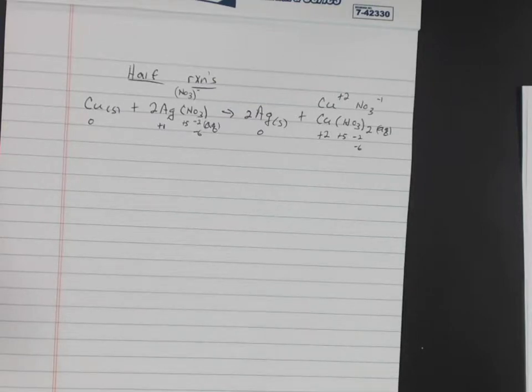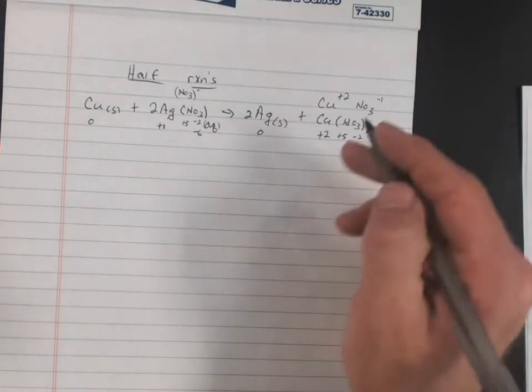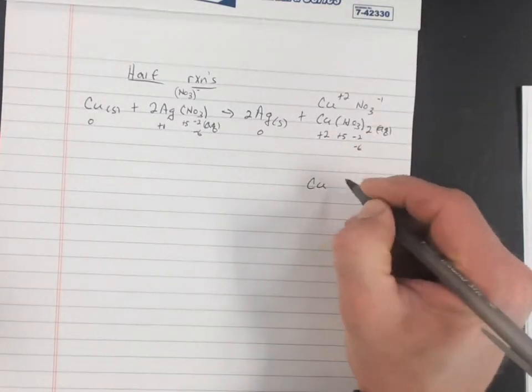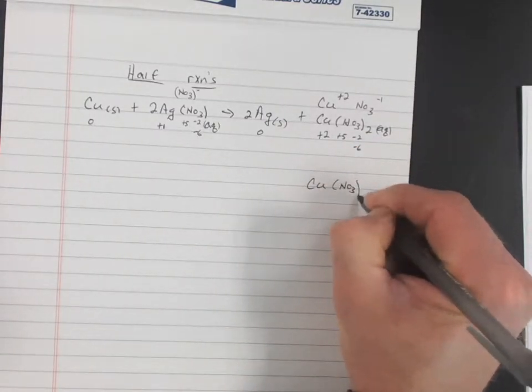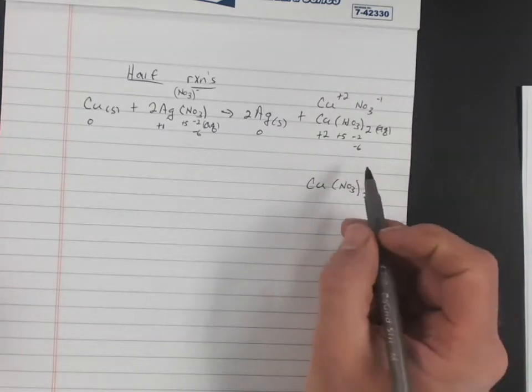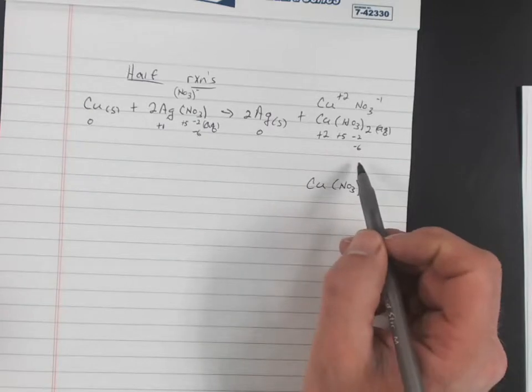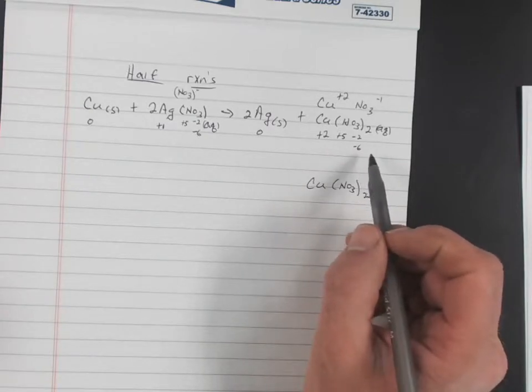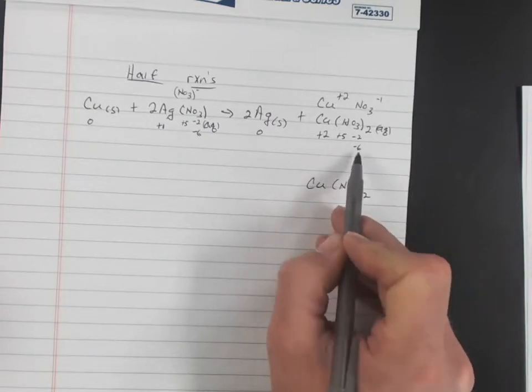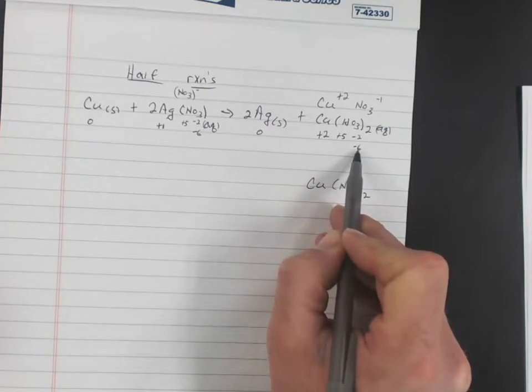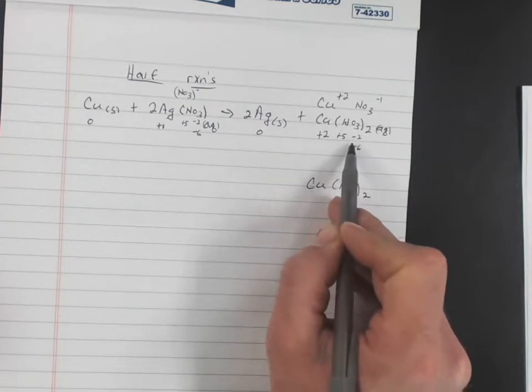Now, here is where it does come into play, just to clarify this. When you look at this, if you were to add these individually up, you'll notice that you get plus 5, negative 6, which will give you negative 1.